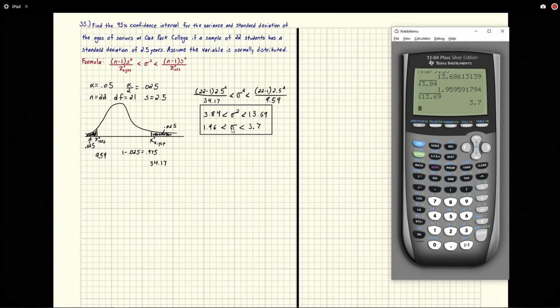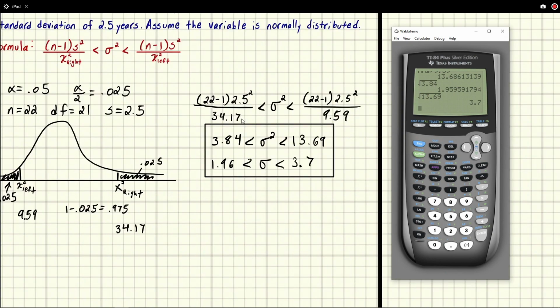And the true standard deviation of the age of seniors at Oak Park College is between 1.96 and 3.7. It's quite a bit of writing, and most professors I've worked with have been fine with this, but maybe they want to see the word years. I would write in years. So this is in years, this is in years, that's in years, and this is in years.